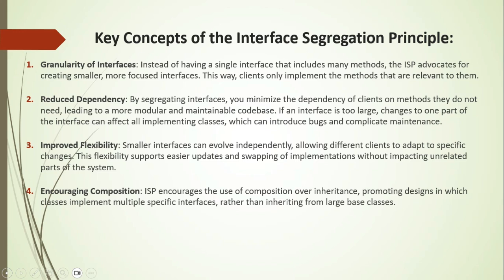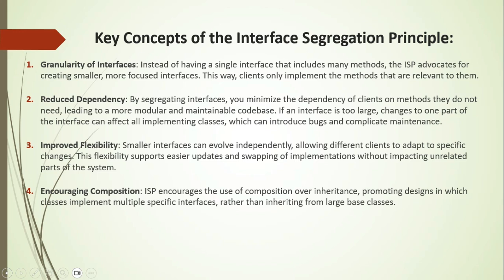This means the large interface will be decomposed into many interfaces, and this decomposition reduces the dependencies. So reduced dependency is another concept. By segregating interfaces, you minimize the dependency of clients on methods they do not need, leading to a more modular and maintainable code base.